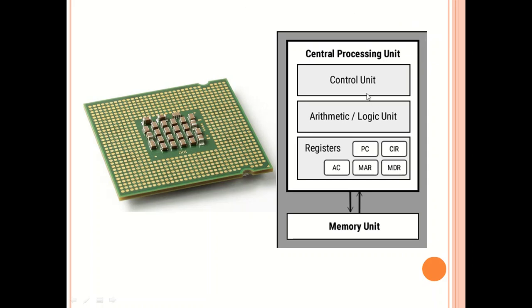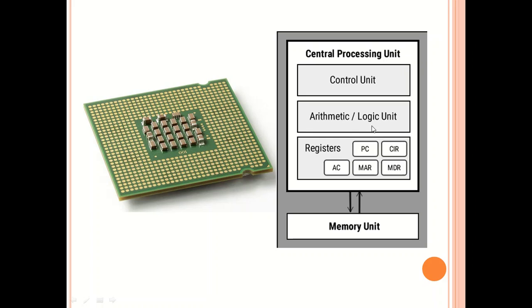We have what we call the control unit, and basically the control unit does the decoding and fetching of instructions, and many other things. Then we have the arithmetic logic unit as another component of the CPU.